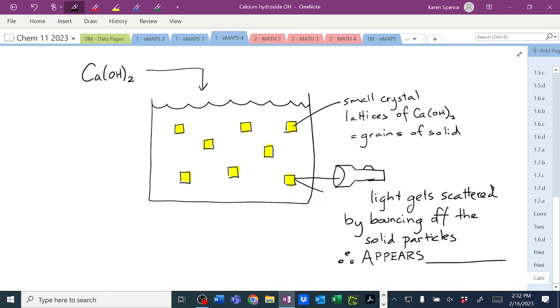The word that we usually use is cloudy. So it's no longer clear. Cloudy is kind of the opposite of clear.